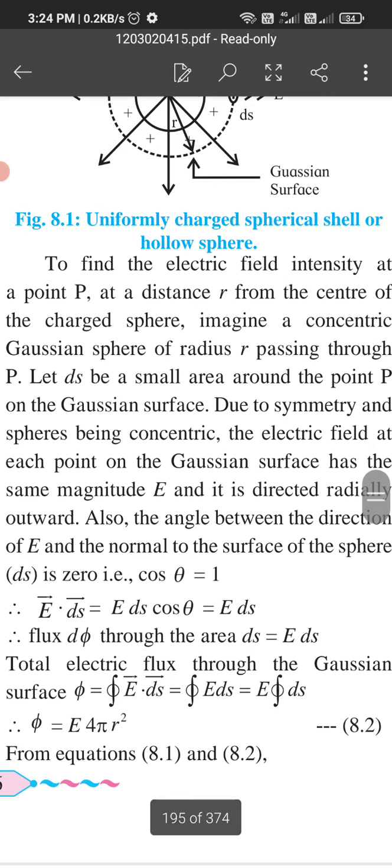So total electric flux through the Gaussian surface phi is equal to closed integral E vector dot ds vector is equal to closed integral E ds, and E is constant so it comes outside the integration, E into closed integral ds. And ds integrated is the total surface area of the sphere, that is 4 pi r square. So phi is equal to E into 4 pi r square.